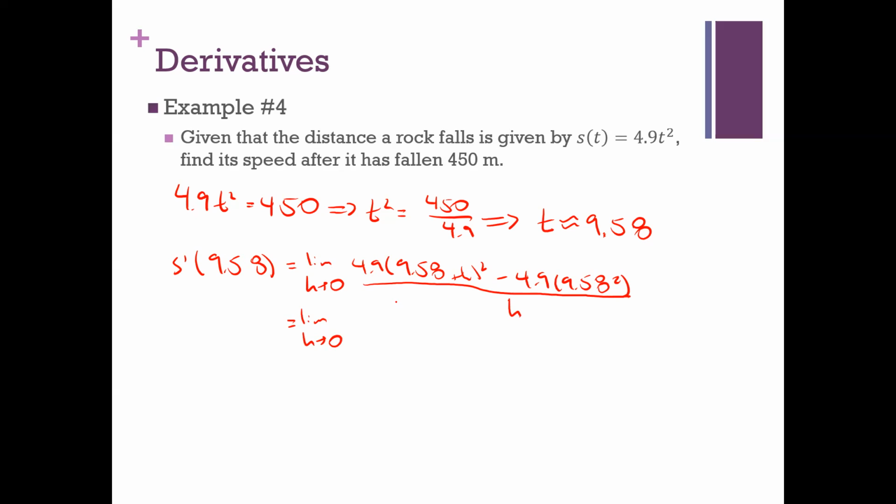Yeah, so the constants are going to cancel again, right? So I'm going to have 4.9 times 2 times 9.58h. What is 2 times that? 19.16. Left off something very important.